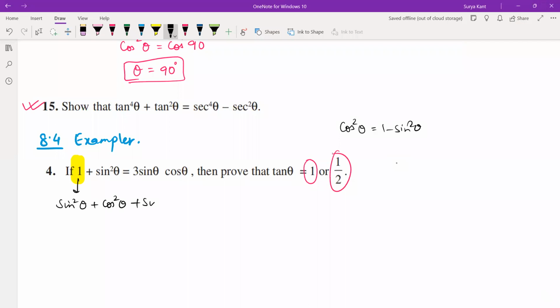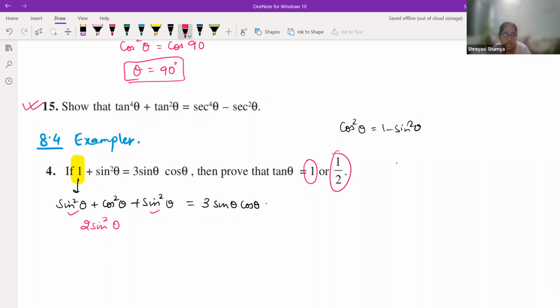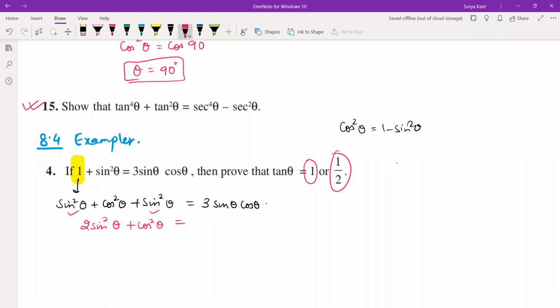Again plus we write sine square theta, is equal to 3 sine theta cos theta. Again what we can write? 2 sine square theta. Sine square theta plus cos square theta is equal to 3 sine theta cos theta.